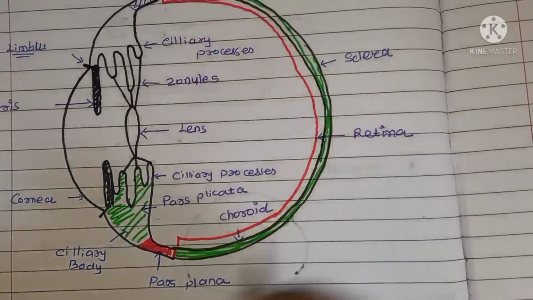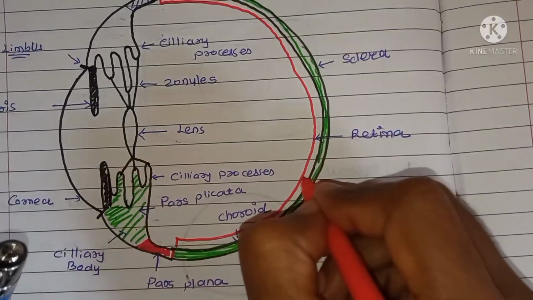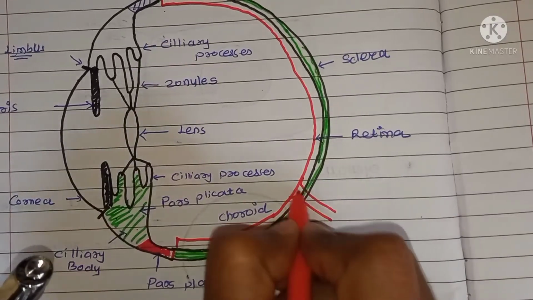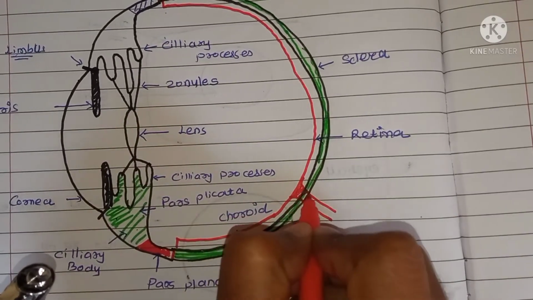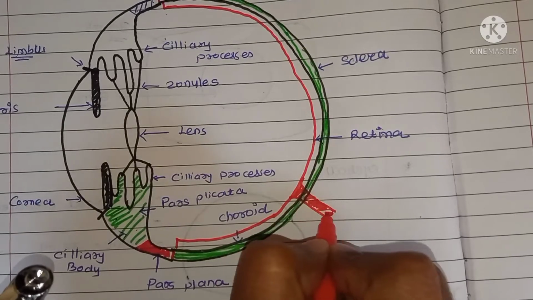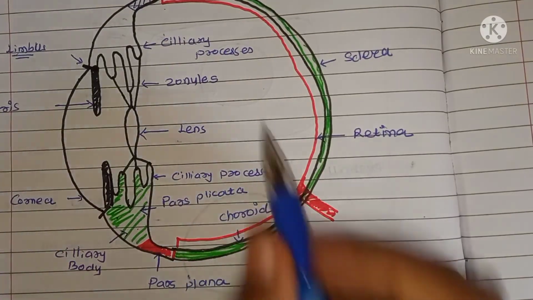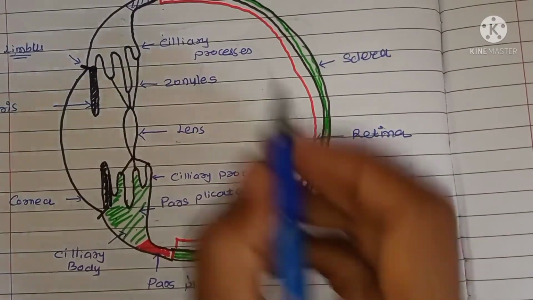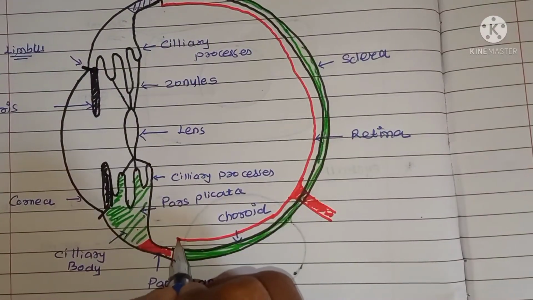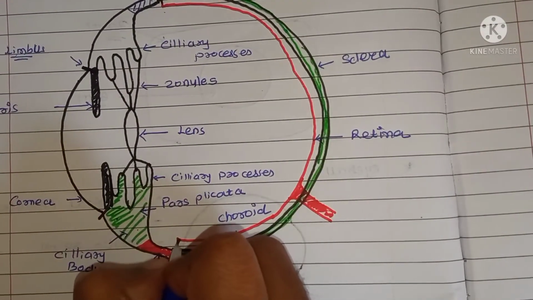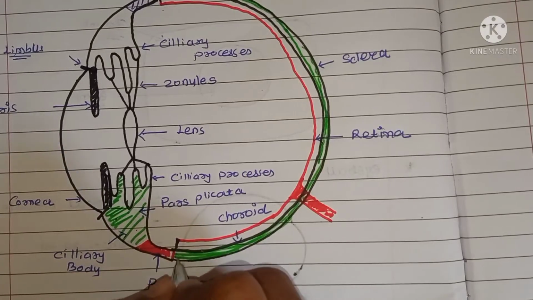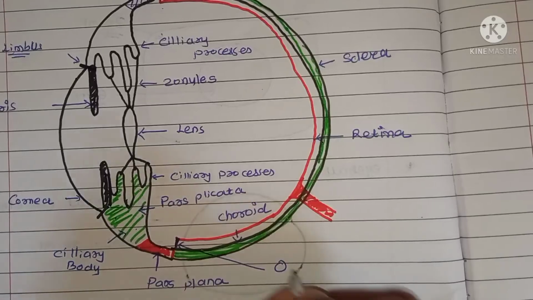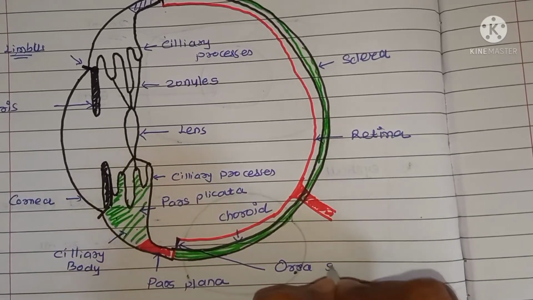From the retina, the optic nerve arises. This is the optic nerve. As we know, the retina is not a full covering in the eyeball. It terminates here and here. The termination point of the retina is known as ora serrata.